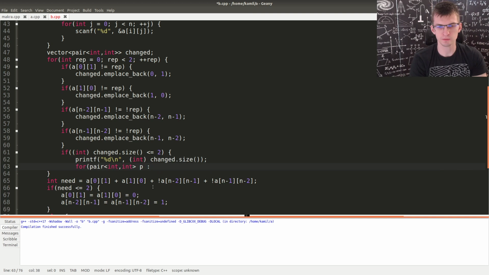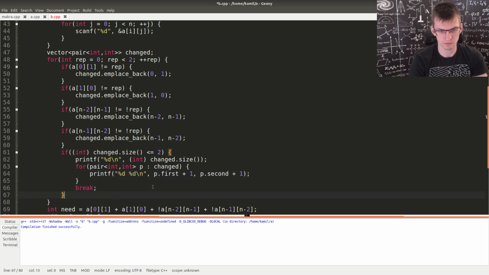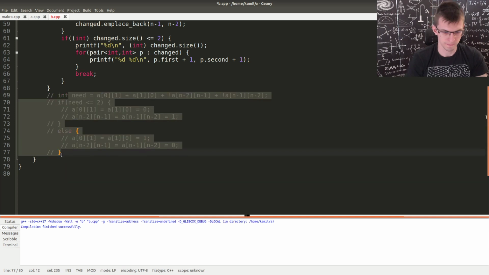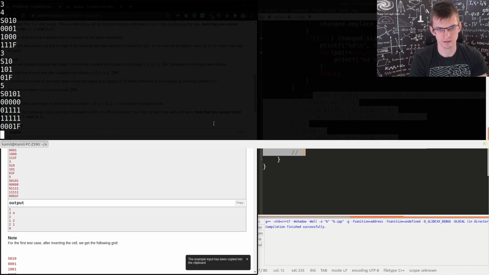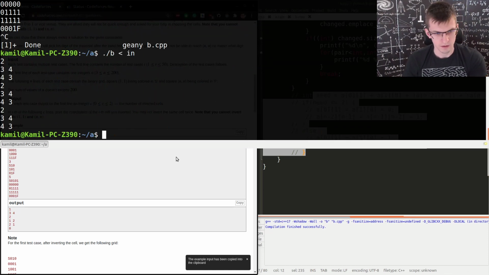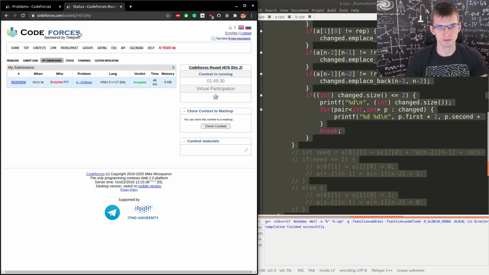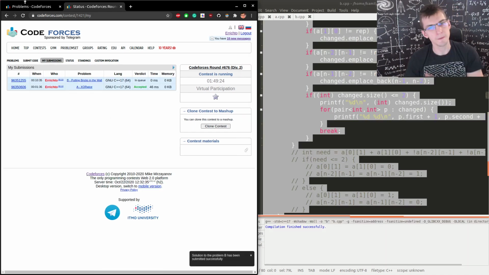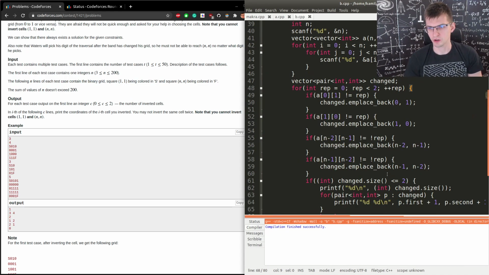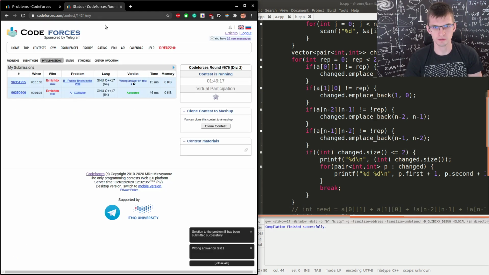And I have numbering from 0 to n-1. So we need to add 1 while printing. I could add some assert. Okay. Well, submitting doesn't hurt too much because there is no penalty for wrong answer on sample test. I could put some assert for what happens if neither time I find this something of size at most 2.